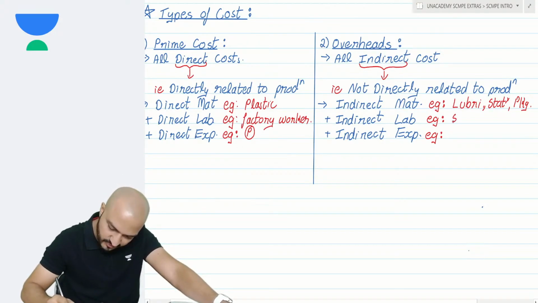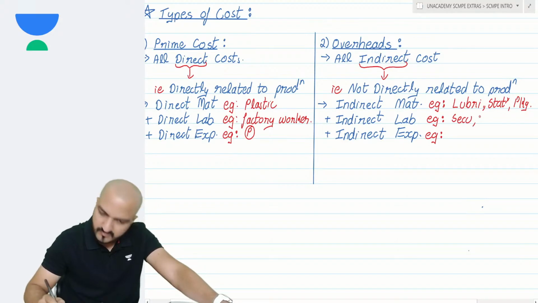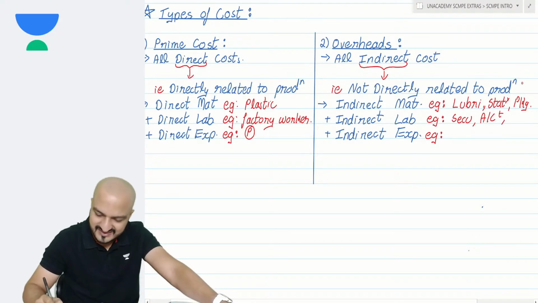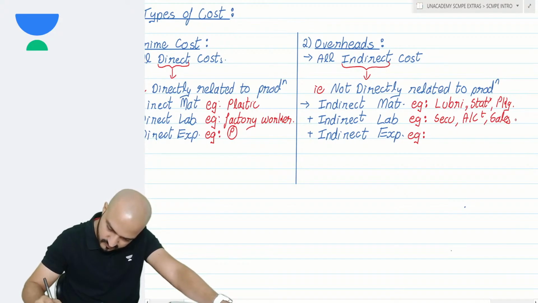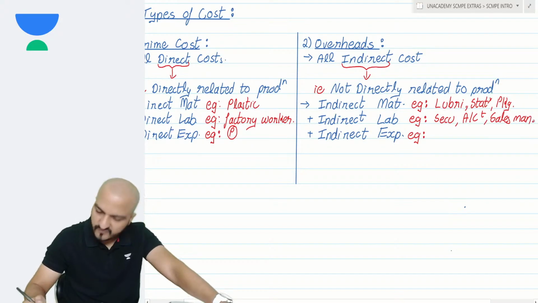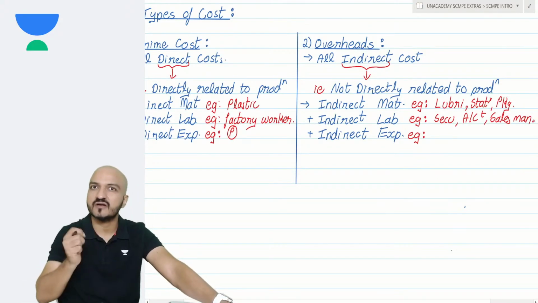Best example, say a security guard, or maybe an accountant, or say a salesman. All of them can become indirect labor.